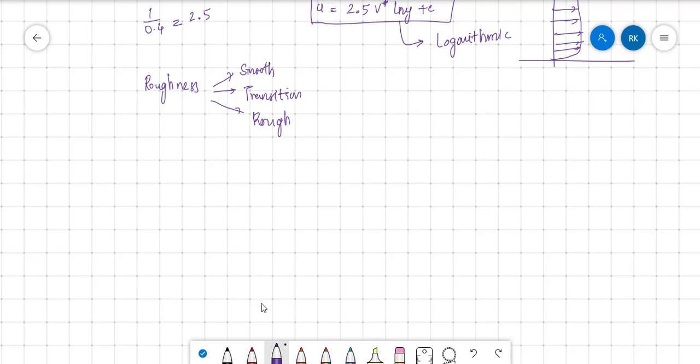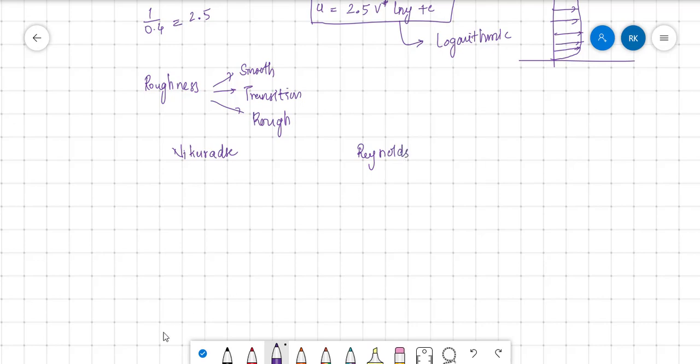So now this smooth, transition and rough pipes are also divided by Nikuradse and Reynolds. So both gave two different notations.